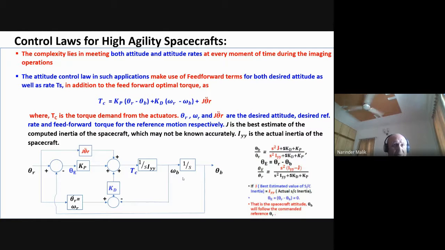So at every instant of time, you want the spacecraft to have a particular attitude and a particular rate. How to achieve that? The simplest control law in that case will be to make use of feed-forward terms for both desired attitude as well as rate.